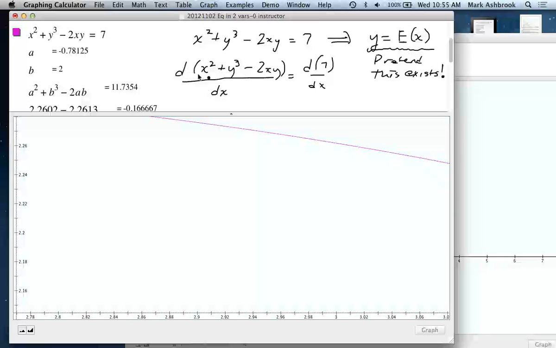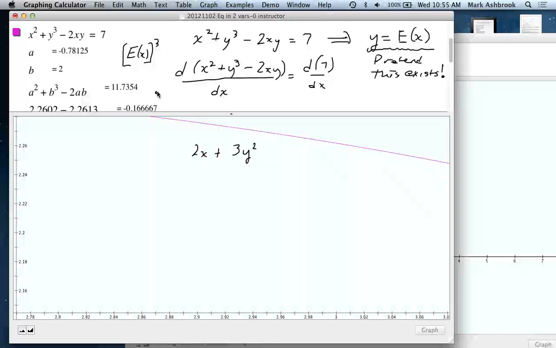So let's start here. What's the rate of change of x squared? 2x. Okay, and now we have to think of this y cubed. Y is an equation of x, so this is an equation of x cubed. We just don't know what that equation is. So how do we handle that derivative? What is the rate of change of that with respect to x? 3 times the equation of x squared.